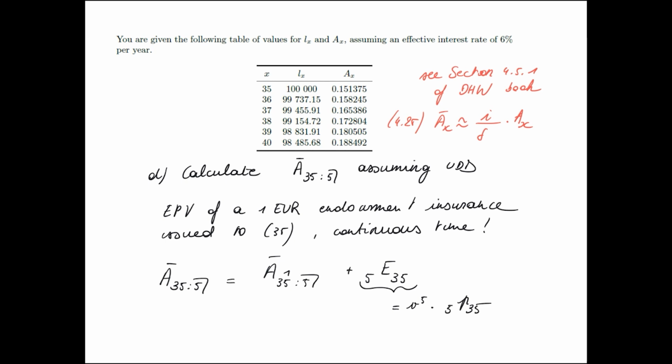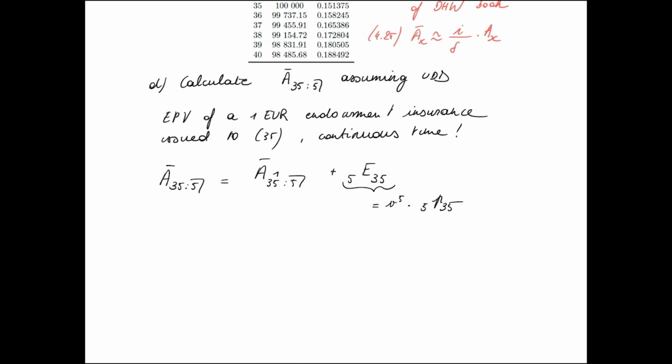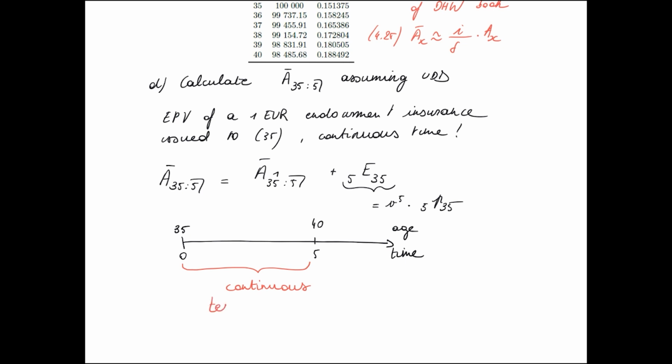So if I would picture a timeline for this example, I've got a 35-year-old at time 0, and a duration of 5 years. And between time 0 and time 5, I've got a continuous time term insurance that is active. So I need to value this part of the product.